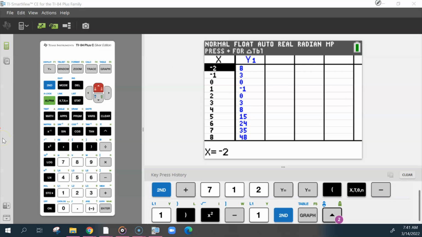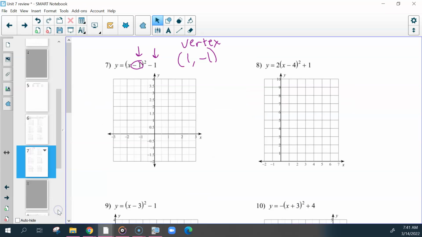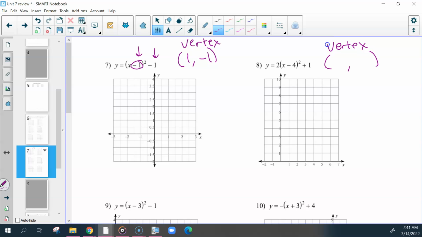Questions on how we found the vertex or how we put it in our calculator? We'll find the vertex for a couple more, and then you'll have time to practice more today. So for number 8, what would the vertex of this be? 4, 1.